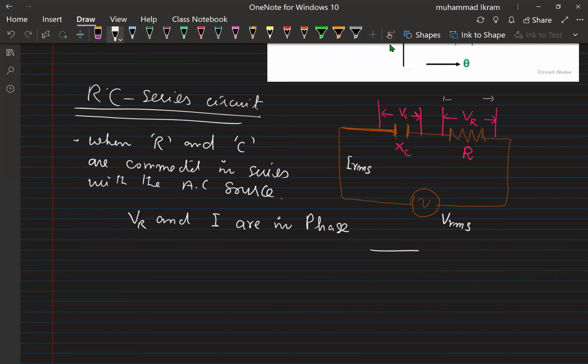If you remember, I told you that if this is IRMS, then this will be the VR, so they are all in phase. But right now you have seen that VC and this I are out of phase by pi by 2.